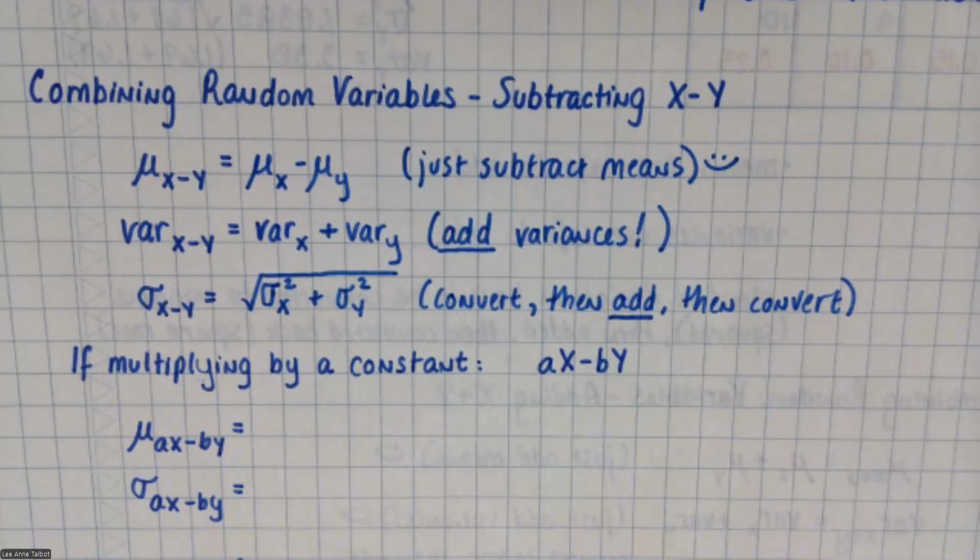Anyone want to take a guess at what the formula for this is going to be? So this is the mean of aX minus bY. And remember, it's means. Nice.